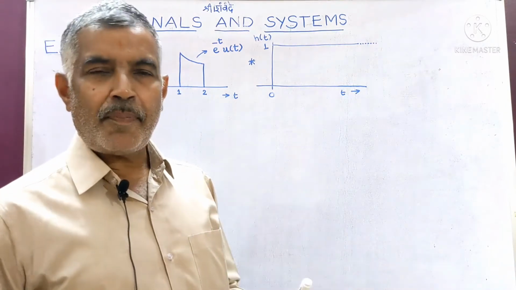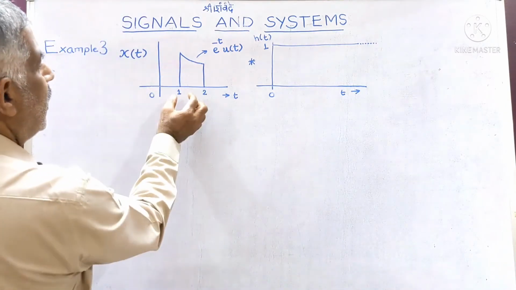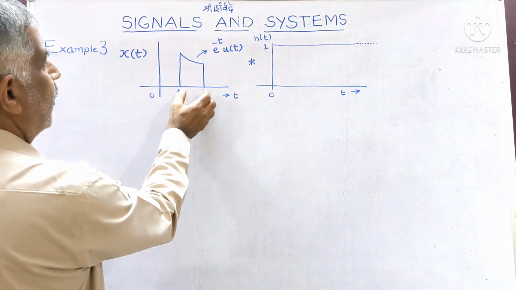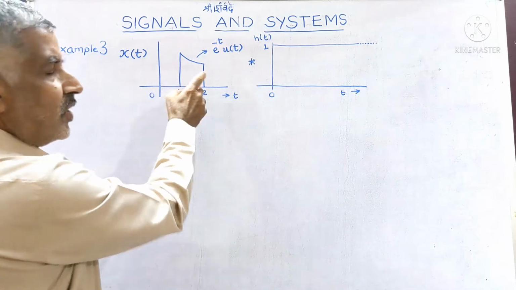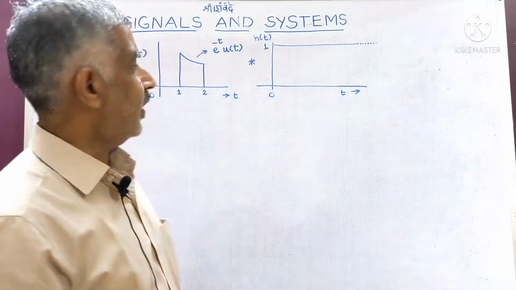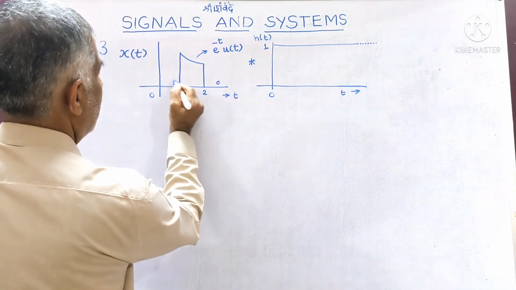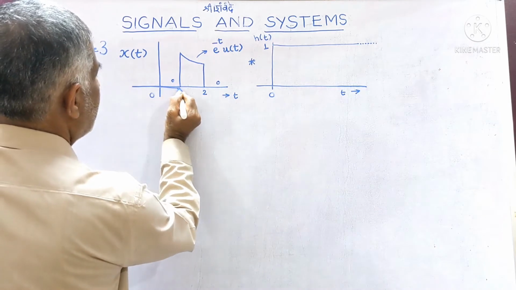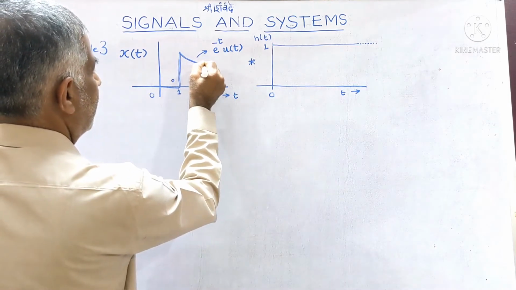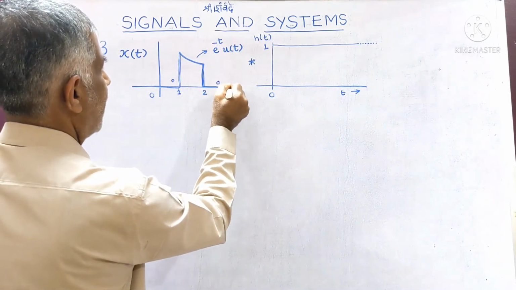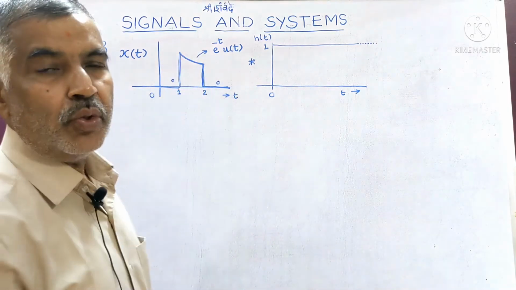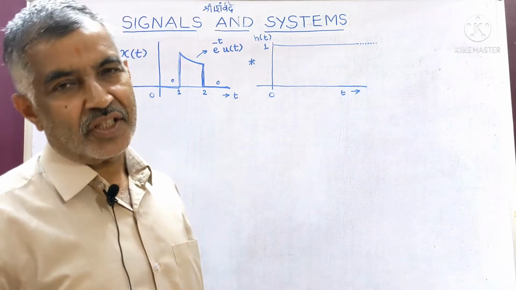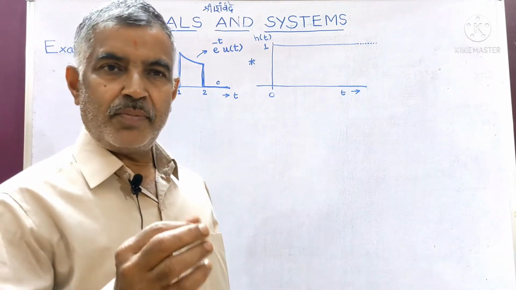That is, only in the interval 1 to 2 the function is e power minus t u(t). For the rest of the time, it is 0, here also 0. That means the waveform is like this. So there are two edges, and it is more interesting to solve a problem with both edges.